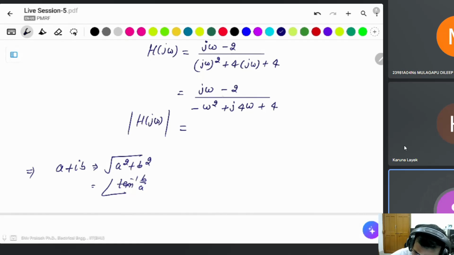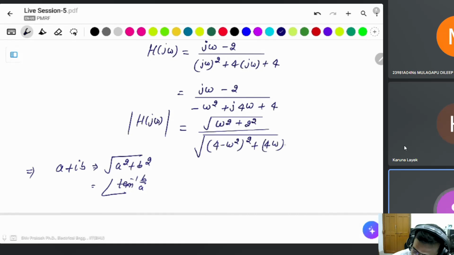Simply, the numerator magnitude is root of omega square plus 2 square. For the denominator, the imaginary part b is 4 omega, and the real part is 4 minus omega square. So the magnitude is root of (4 minus omega square) whole square plus 4 omega square.